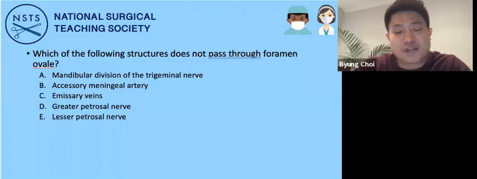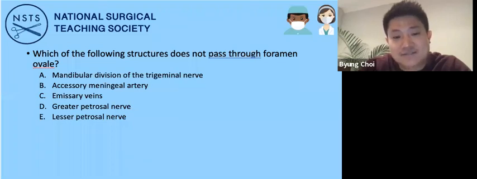But for foramen ovale, something that I use to remember is the mnemonic OVALE itself. O for otic ganglion, which doesn't actually pass through foramen ovale, but it sits under it. V for V3, the mandibular division of the trigeminal nerve.